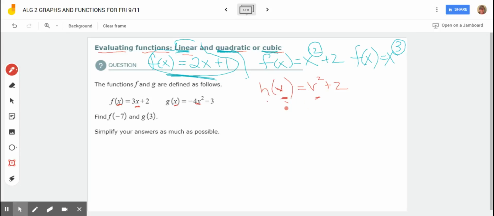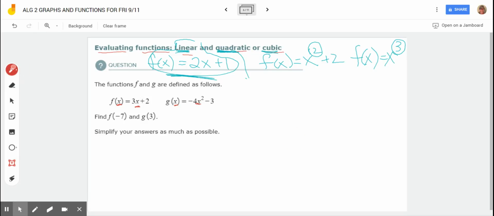These two variables match because you're going to plug in v, and it is going to spit out h of v. Okay, that was my little diversion.